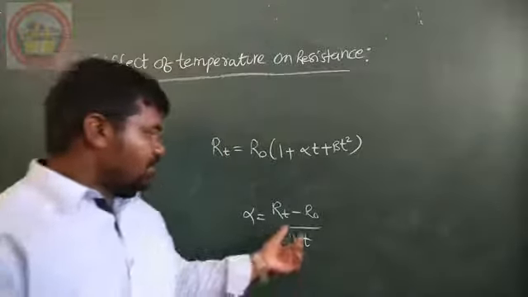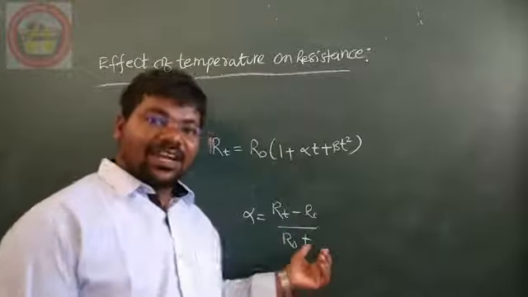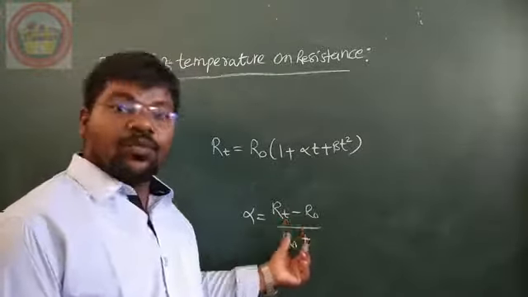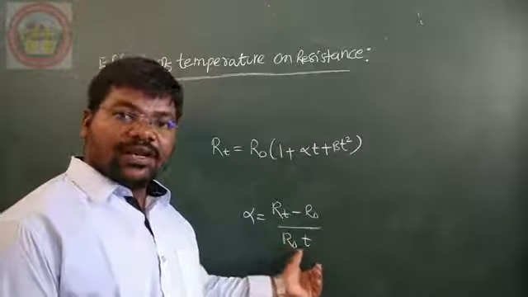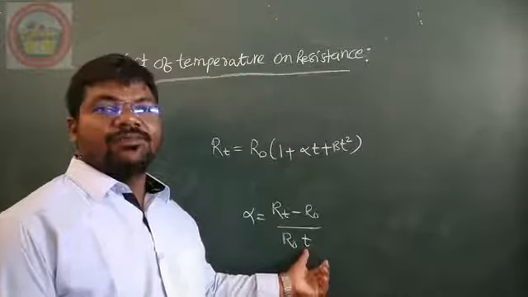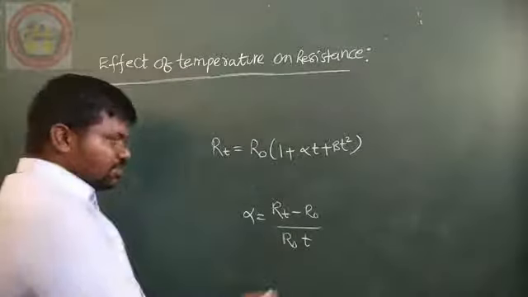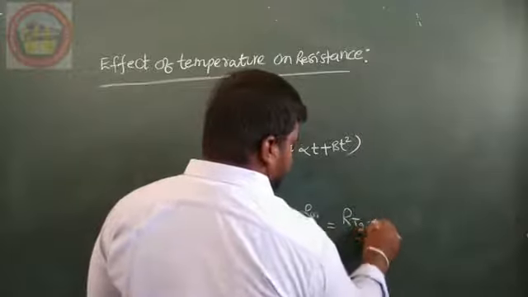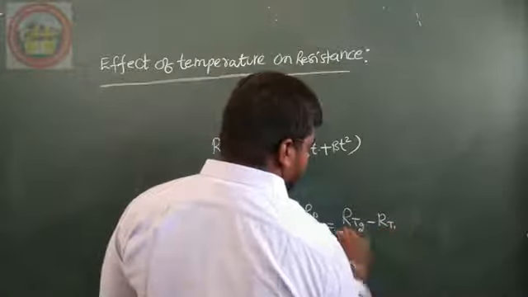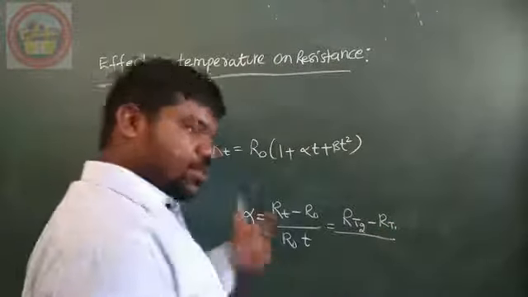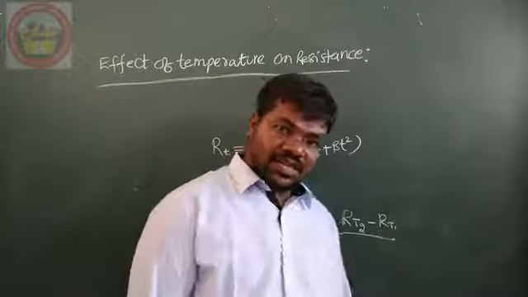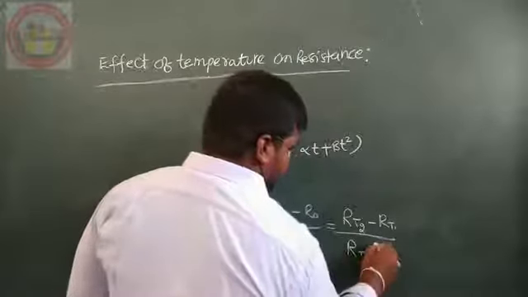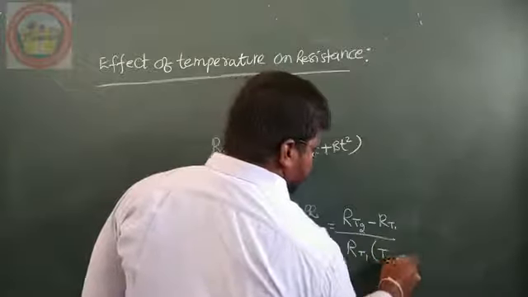The temperature coefficient of resistance is defined as the change in resistance per original resistance per unit temperature. So we can write it as RT2 minus RT1, the resistance at temperature T2 minus the resistance at temperature T1, divided by RT1 into T2 minus T1.